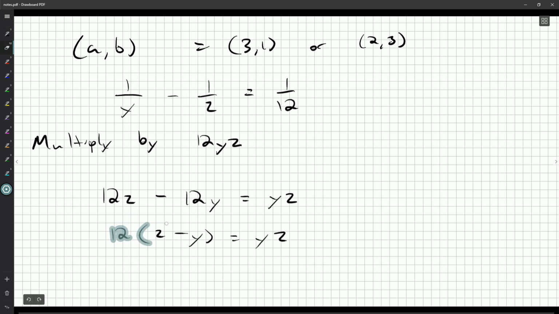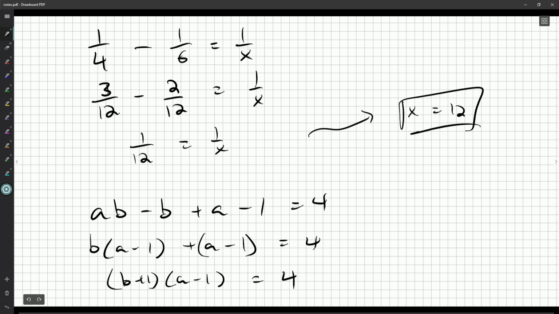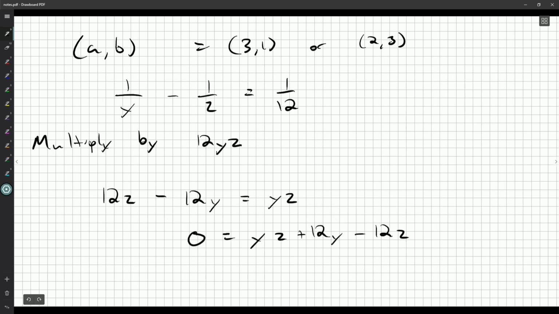Oh. If I bring this over to the other side, I can have yz plus 12y minus 12z, and this is looking very similar to this expression, something minus something plus, but we don't have a constant to work with.